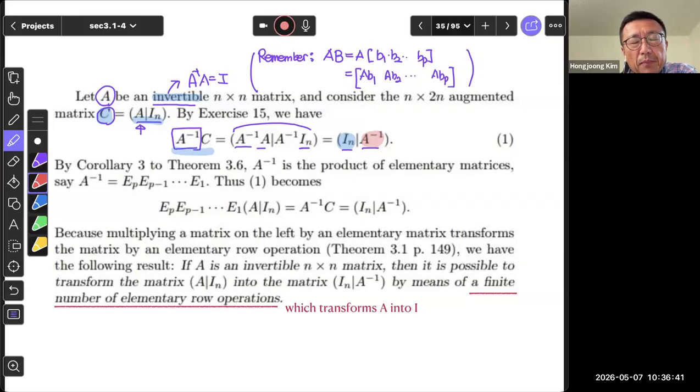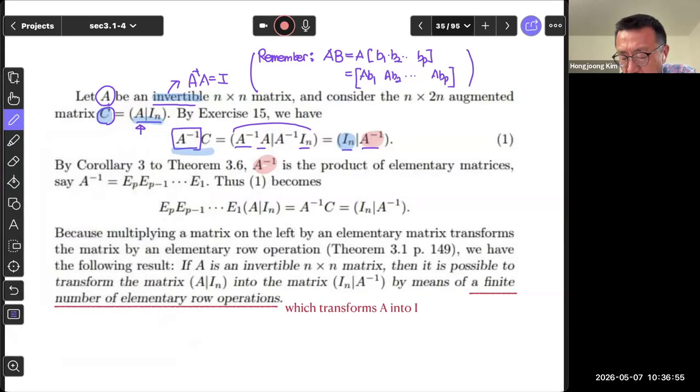Now, previously we learned that any invertible matrix can be written as a product of elementary matrices. That means even this A inverse can be written as a product of many elementary matrices.